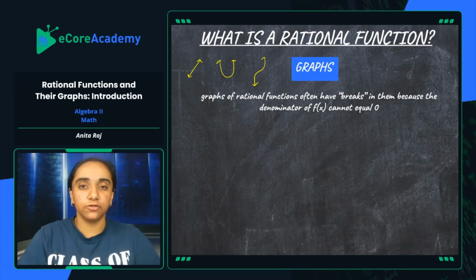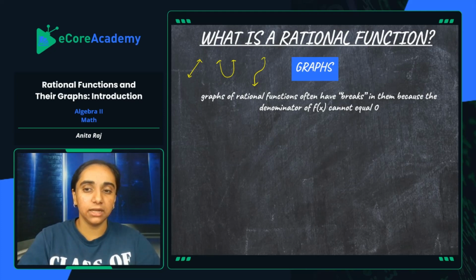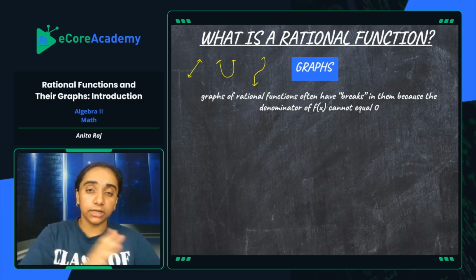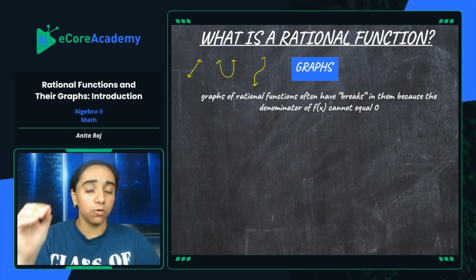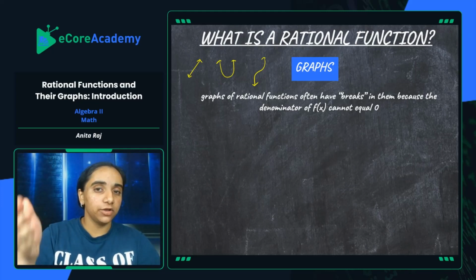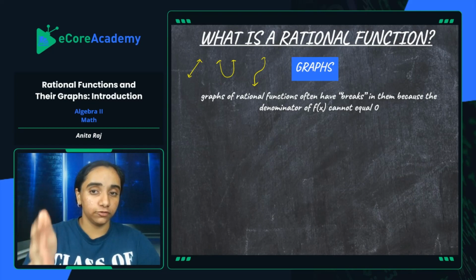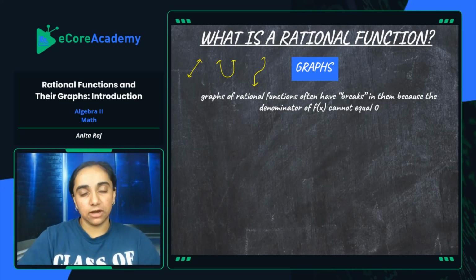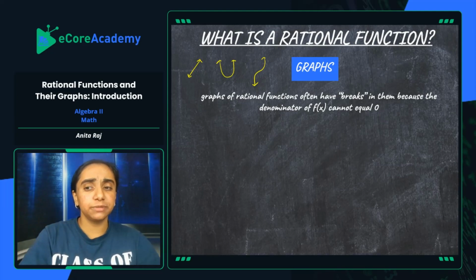You'll get something like undefined, or you might have something cancel out, and I'll show you exactly what I mean. But those scenarios cause there to be breaks in the graph because there is no corresponding y value for that x value. If there's no y value, you can't plot a point there, so there's going to be a break in the graph. It's something that we call discontinuous. And this is usually because the denominator of f of x cannot equal 0.